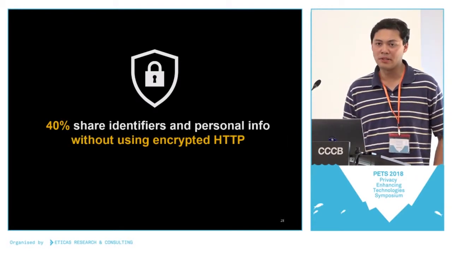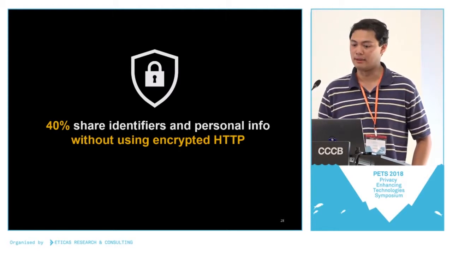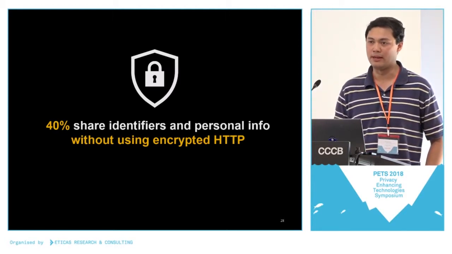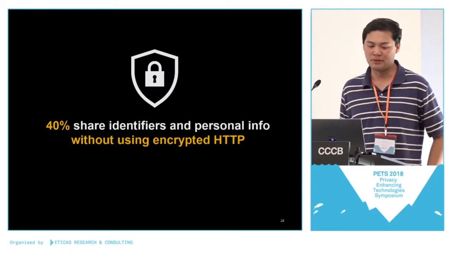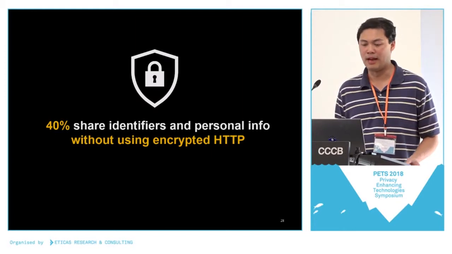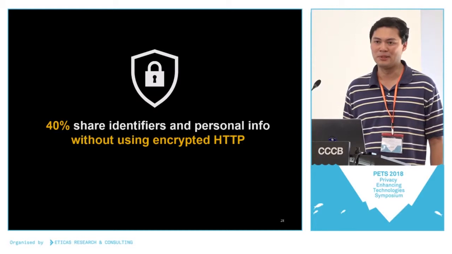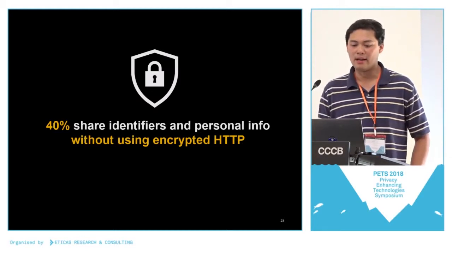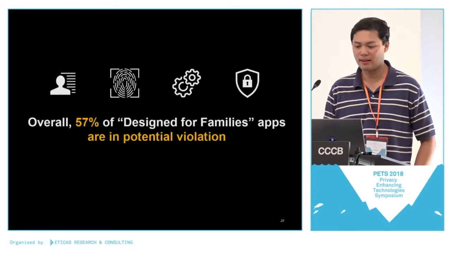And when it comes to sharing sensitive data, COPPA requires these apps and services to do so in secure ways. So for the purposes of our research, we took that as something as simple as using encrypted HTTP. Still, we found 40% of DFF apps transmitting identifiers and personal info without taking that measure.